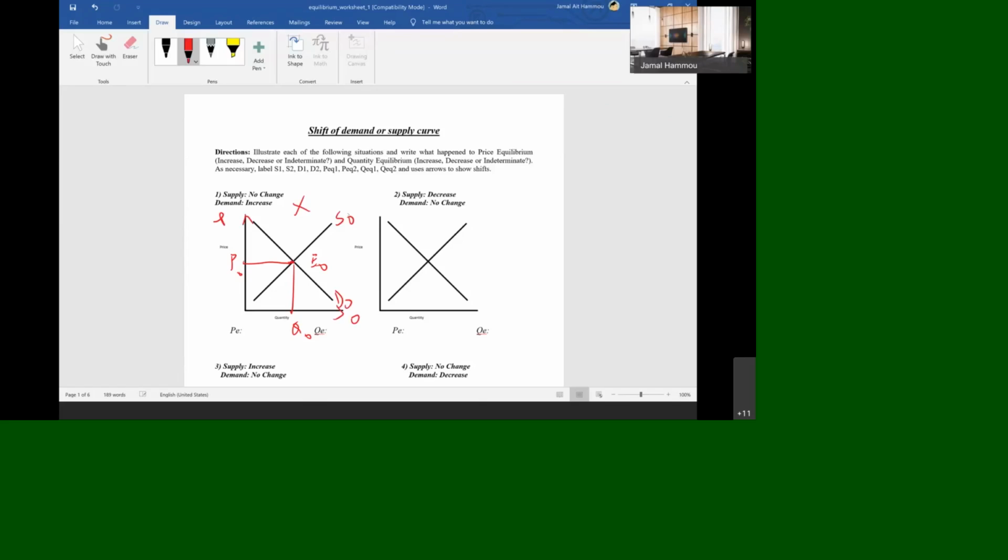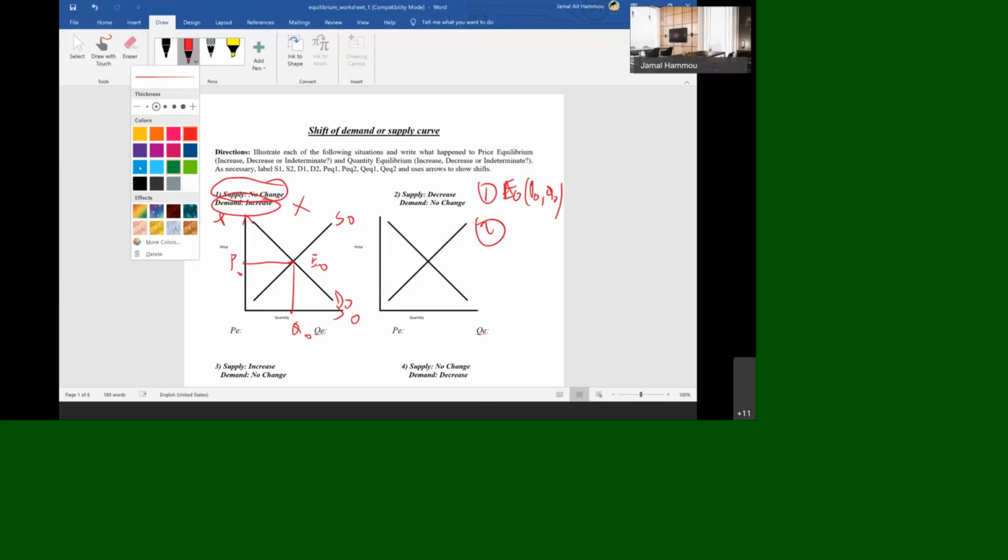Now, what we have here, the new things, remember, we have to follow the steps. Step number one is finding the equilibrium at E0 or A, P0, Q0. Now, the second, we have no change in supply, but we have an increase in demand. What we're going to do is shift the demand curve.